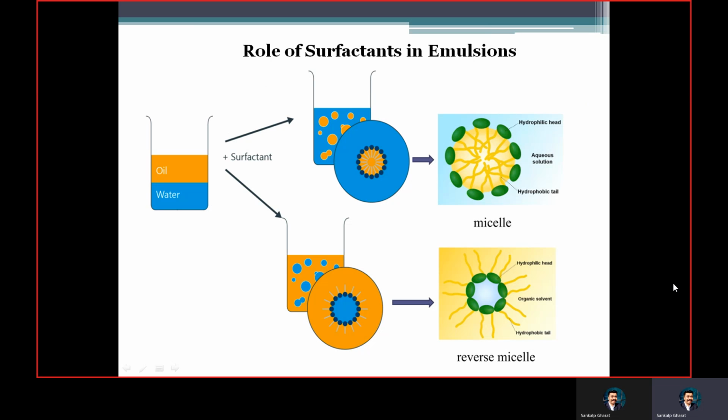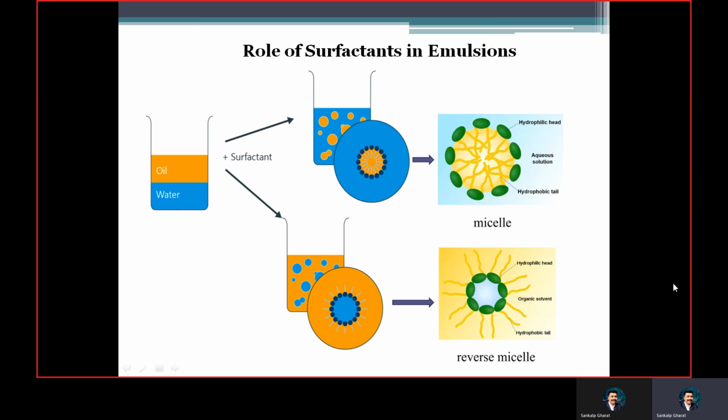It will adsorb onto the surface of the oil globules in such a way that the hydrophilic head faces the outer compartment, that is the water phase, and the lipophilic tail faces the inner oil globule. That is the reason the oil is dispersed as small globules in water.